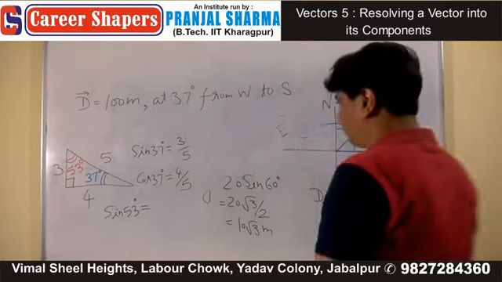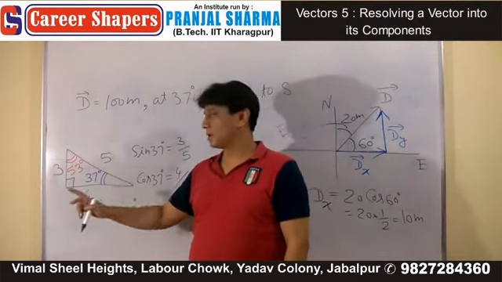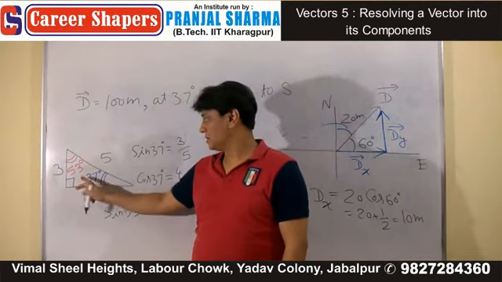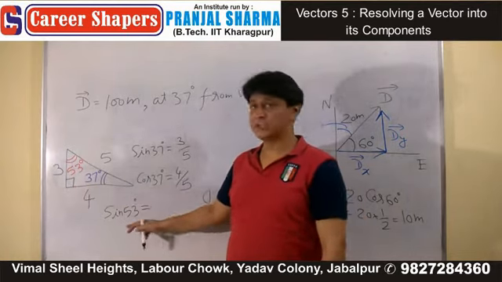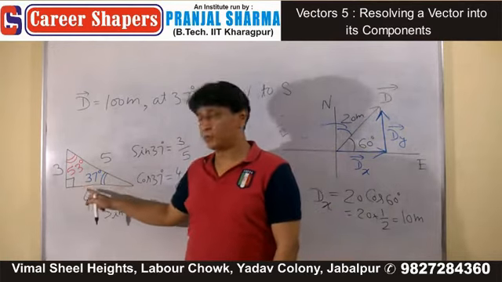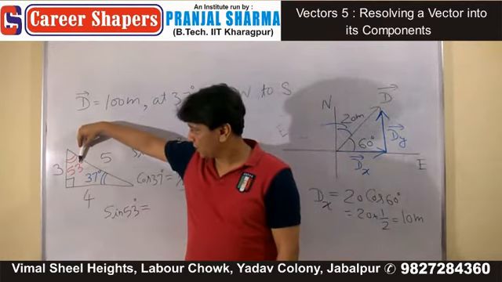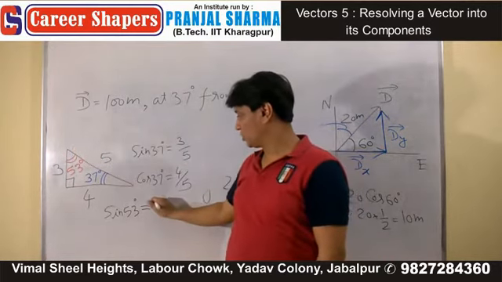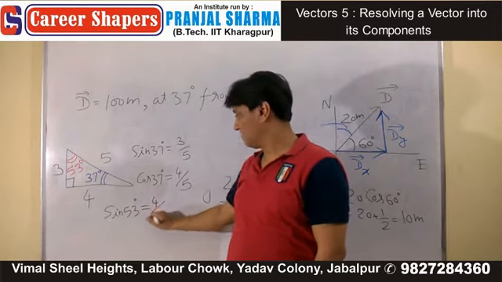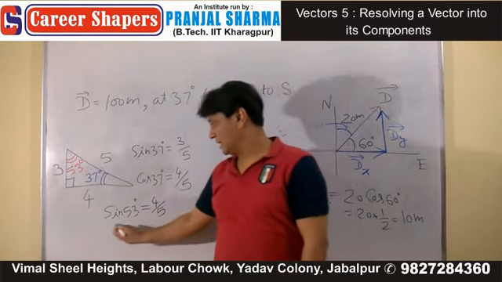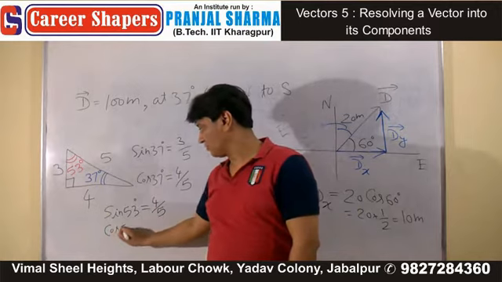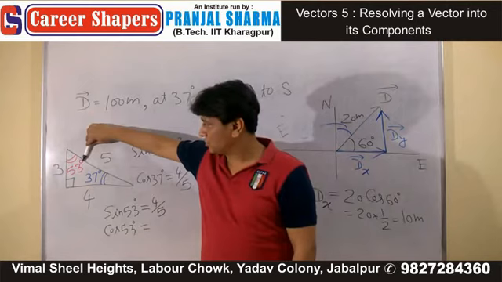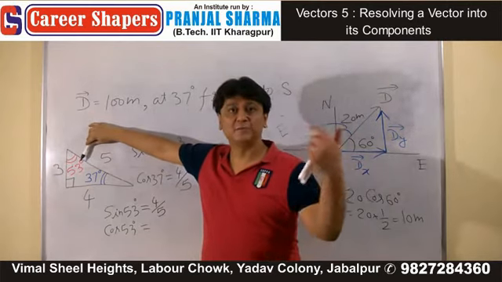Good. When you are interested in 53, what is sine? Perpendicular, the branch opposite to the angle. For 53, this 4 is the perpendicular, and therefore you will write 4 divided by 5. Similarly, cos of 53 means base.